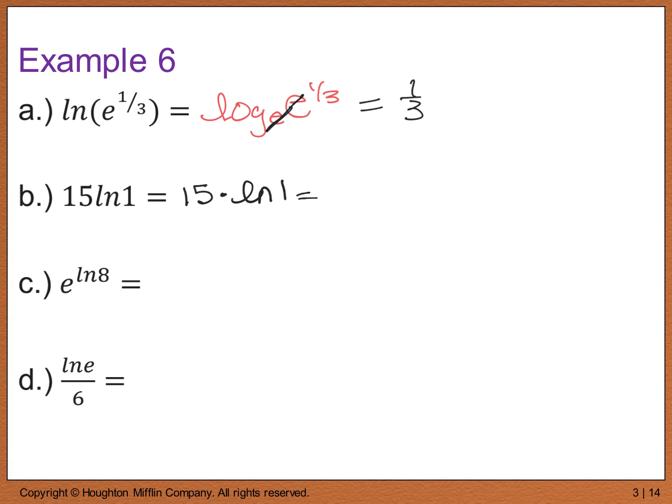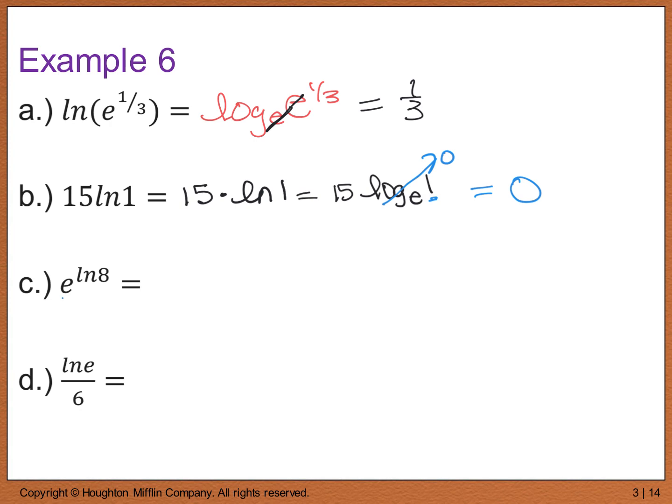If I rewrite this with log notation instead of natural log, that's really 15 times the log base e of 1. Well, log base e of 1 is really 0, because e to the power of 0 gives you 1. And 15 times 0 is also going to be 0.